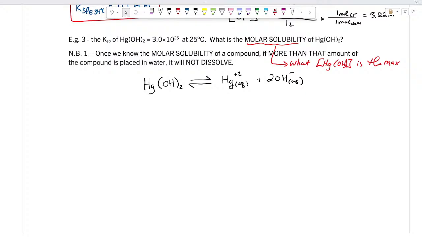So study. All right. When we go to write our solubility law of mass action, Ksp, what will it be here? Concentration of Hg2 plus times the concentration of... Now, is that a thing? That doesn't exist.